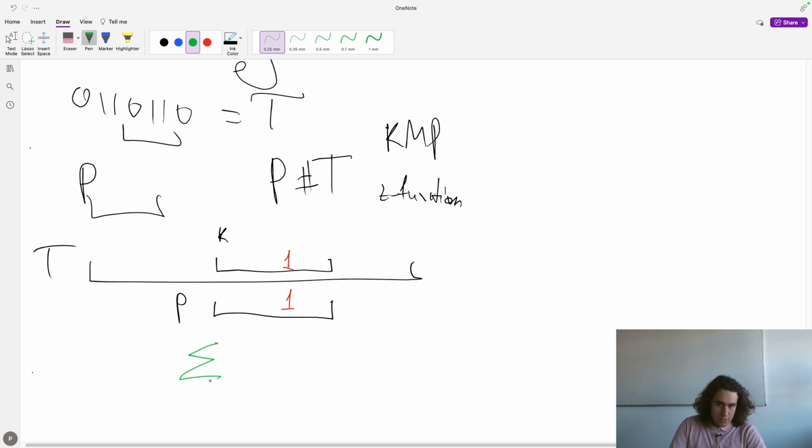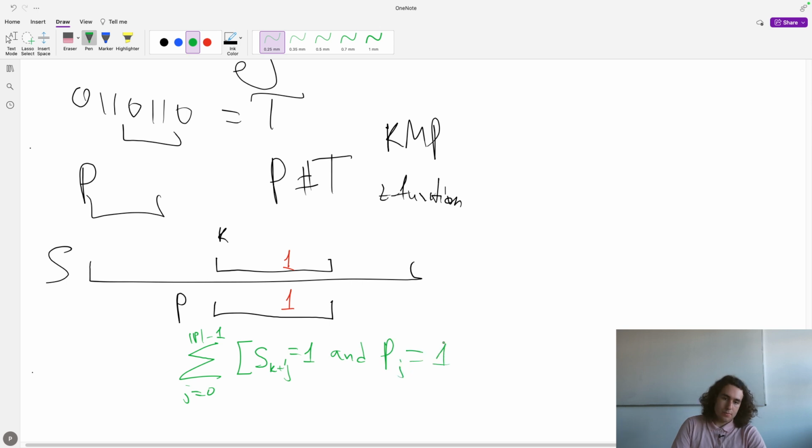It's a sum over all indices of P, like from j equals 0 to size of P minus 1. We need to count the number of positions such that S, let's call the string S, such that S_{k+j} is equal to 1 and P_j is equal to 1.